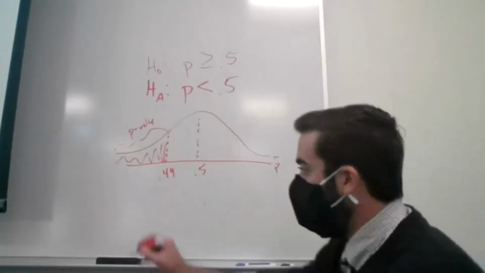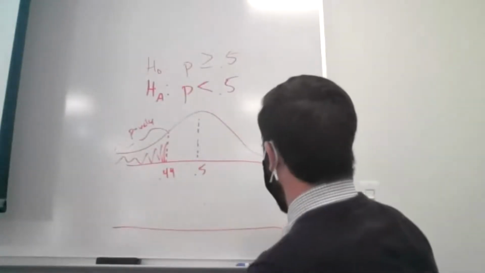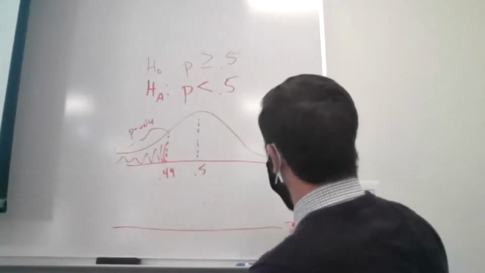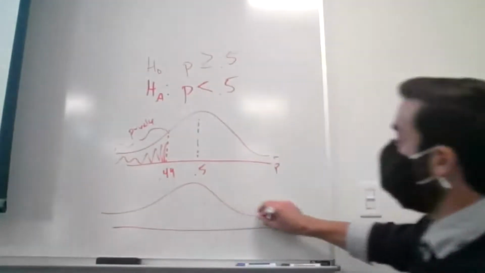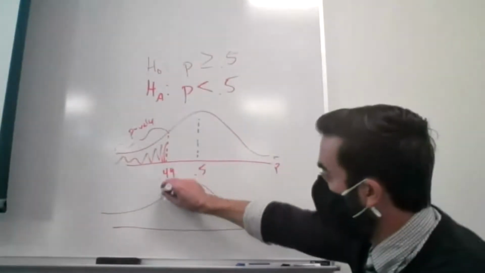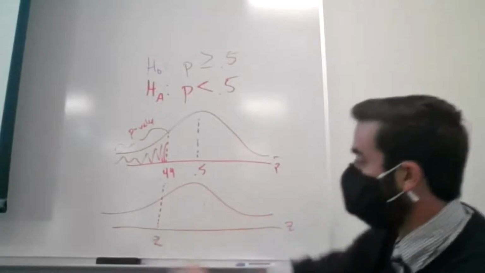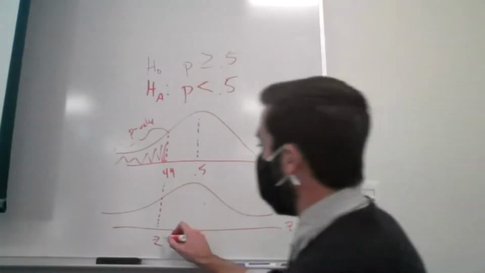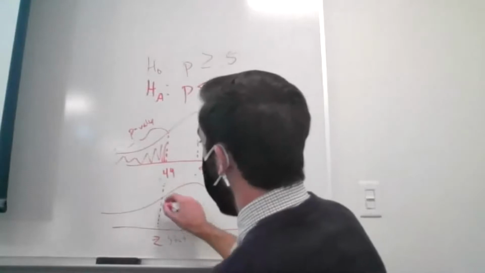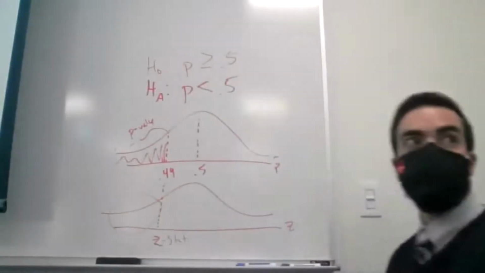Right? What we need to do is convert that into a z-statistic, right? So z-stat. And then find the area to the left, and that's our p-value.